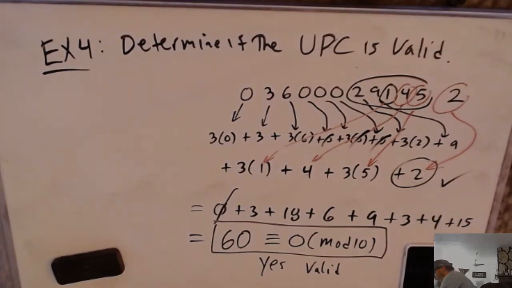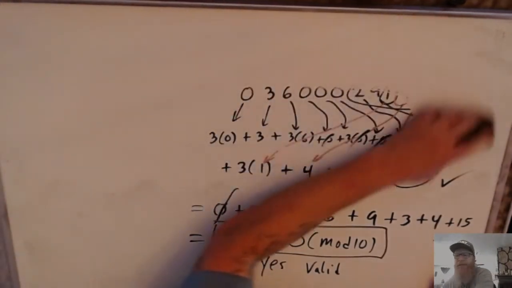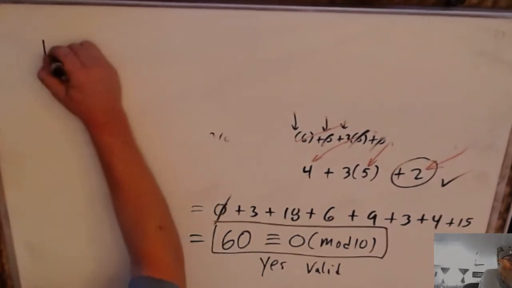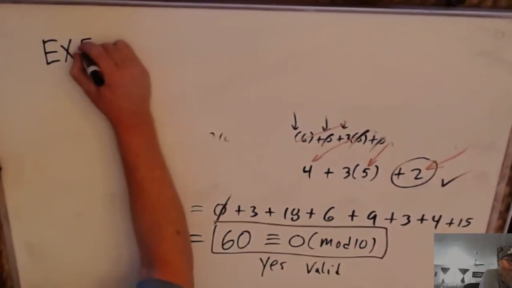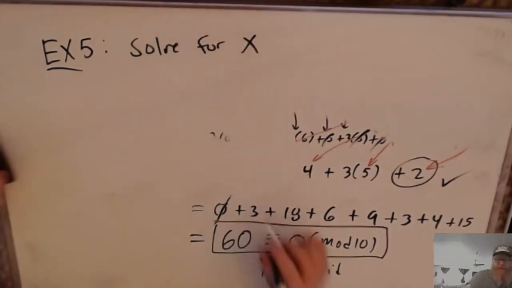All right. Next, we're going to do some examples of finding a missing digit. Find a digit that's missing. So we're going to solve for x.